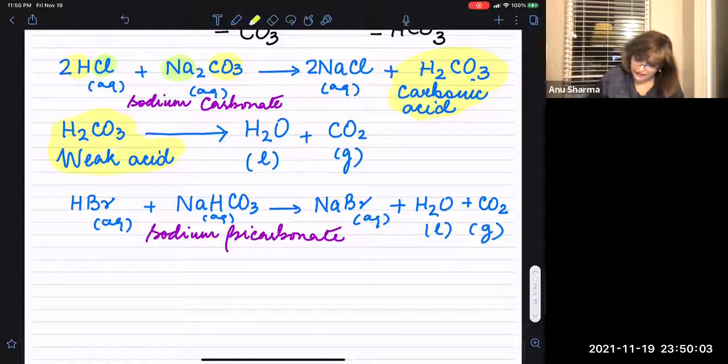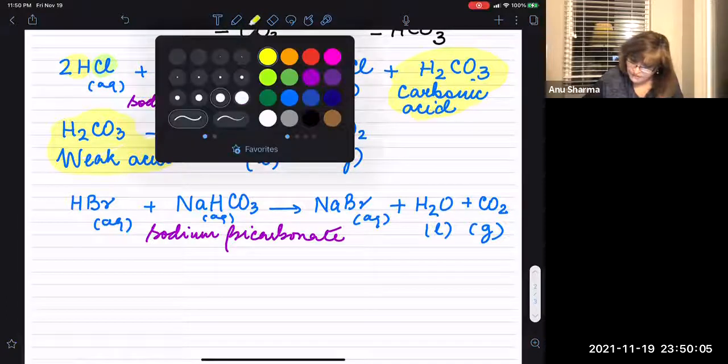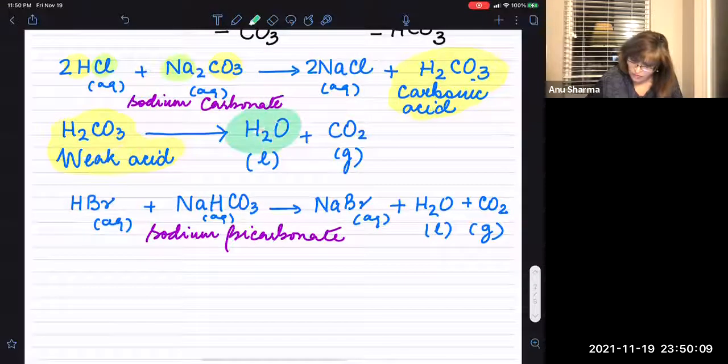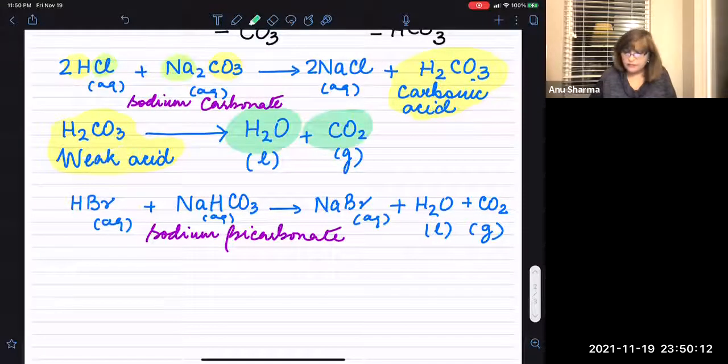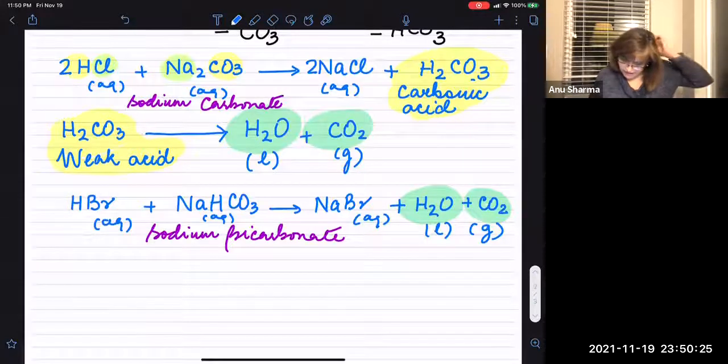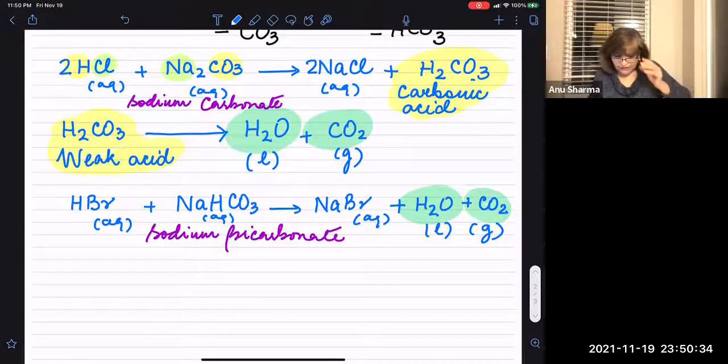H2O and CO2 are common products. And then NaBr. When you balance it, it's all balanced now. So this is what you get.